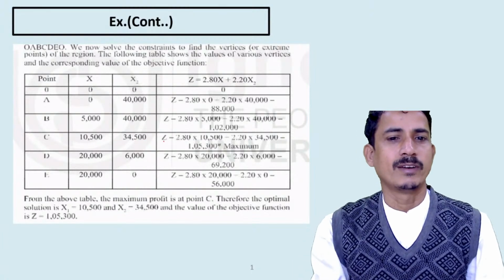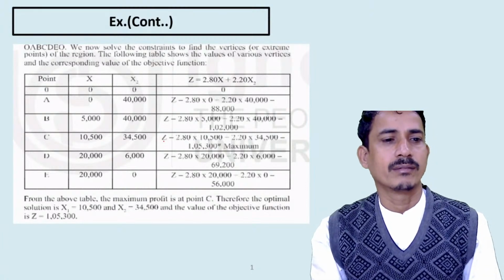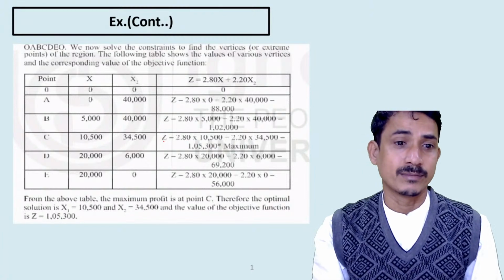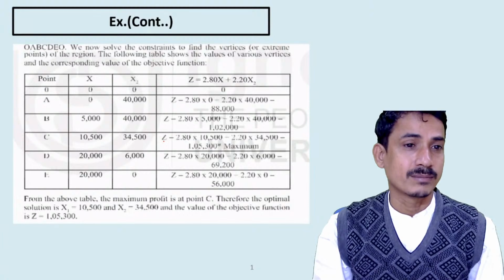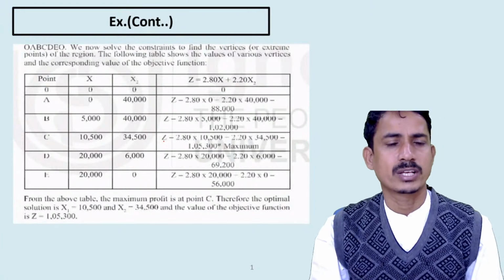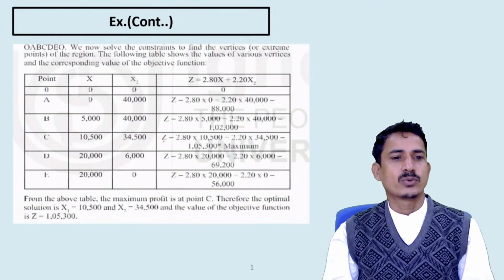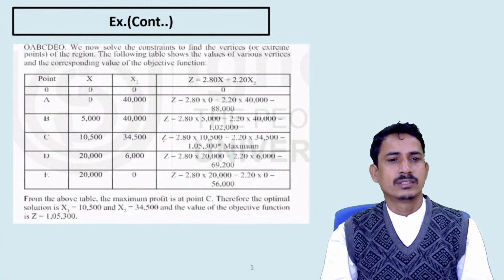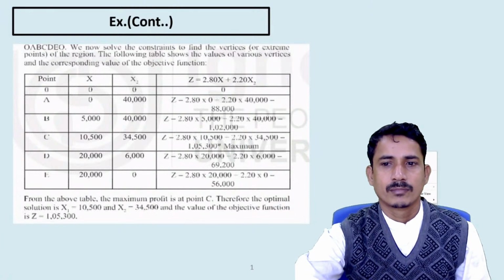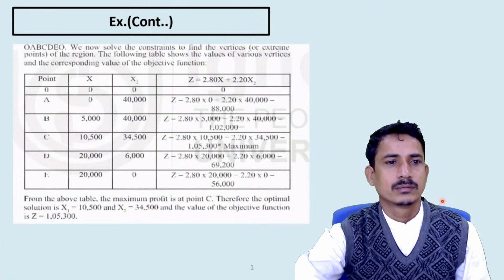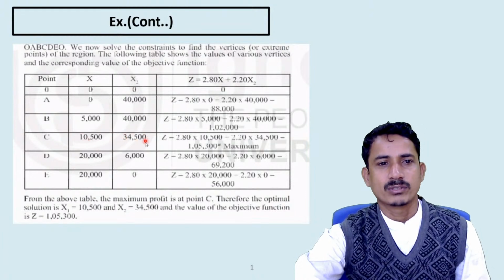Your objective is to find the value of z which is maximum, and where it is maximum, what is the point value of x1, x2 in that place, that you have to write. So at this point, x1 value is 10,500, x2 value is 34,500.